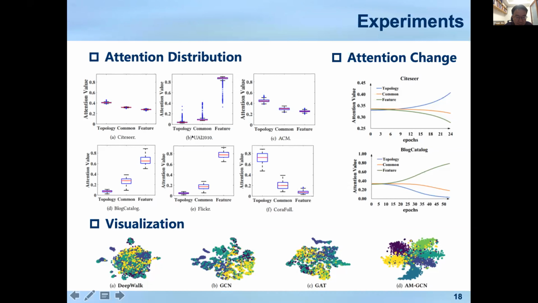Let's see the example in the UAI dataset. We can find that the weight of the feature is very high because the features are very rich in this dataset. In another example, Chameleon, the weight of topology is very high because the feature in this graph is very weak. So our algorithm can automatically detect which part is more important.